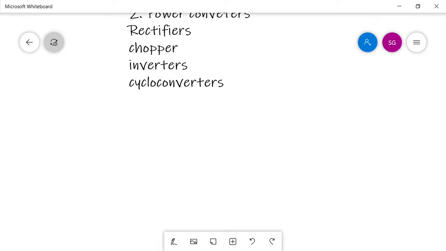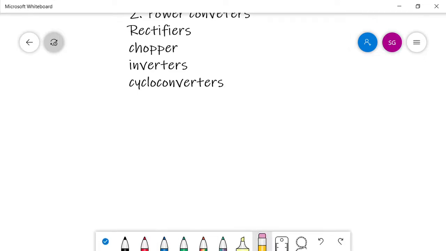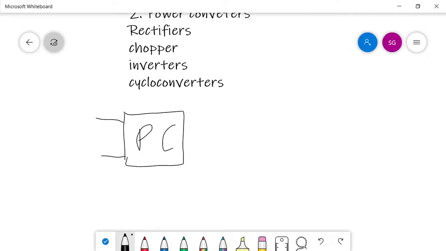So actually what happens, we have got a power converter, let us say PC. The supply comes to this power converter, and which is fed to our motor.